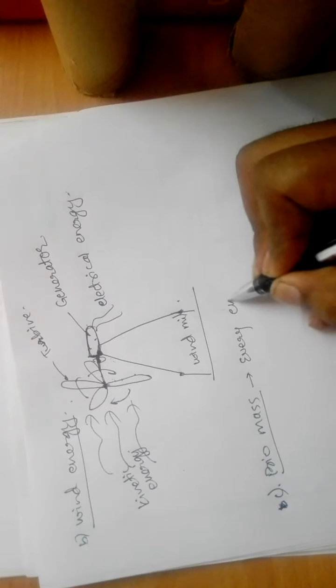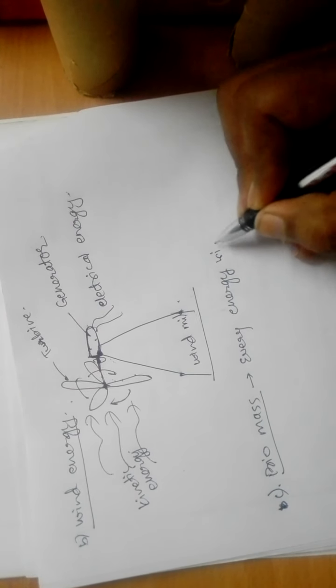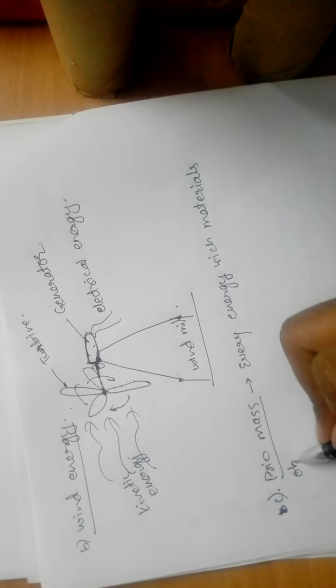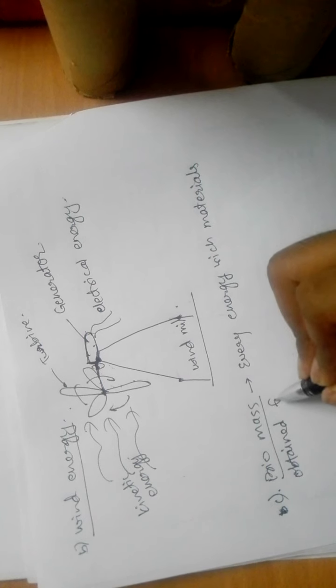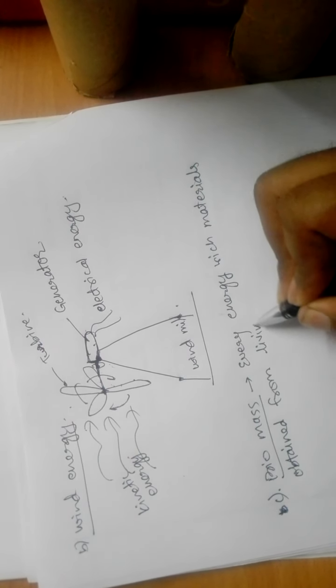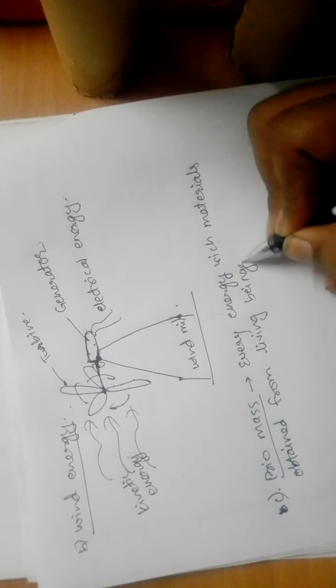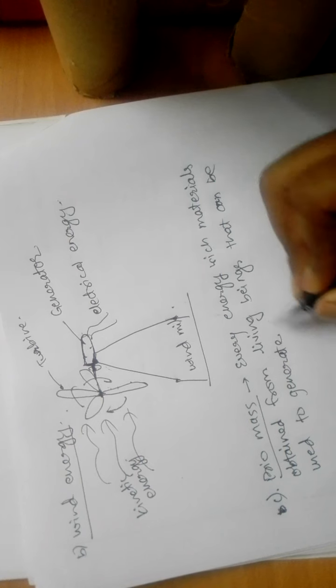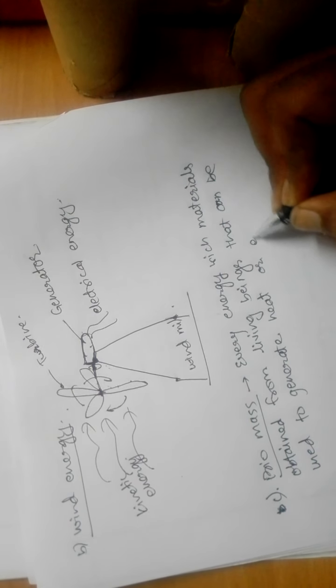Every energy rich material obtained from living beings that can be used to generate heat or electrical energy. So whatever substance we obtain from living beings are basically biomass.